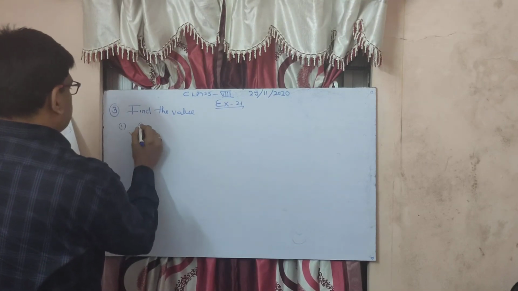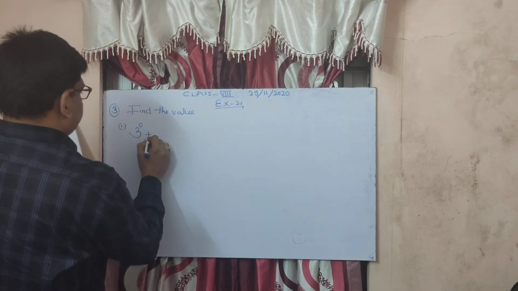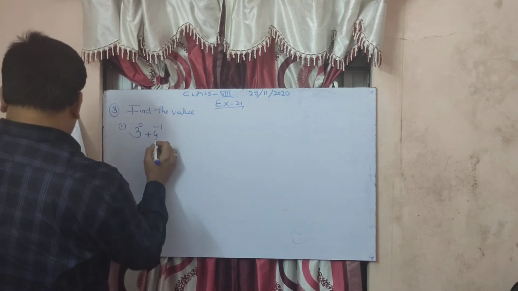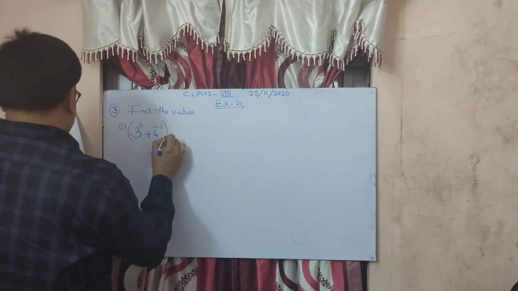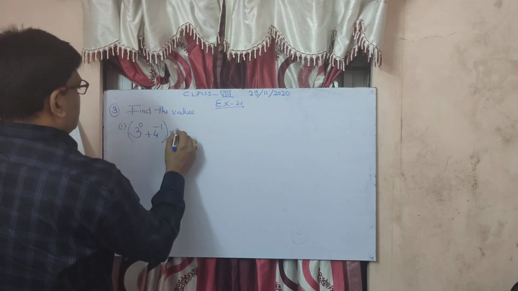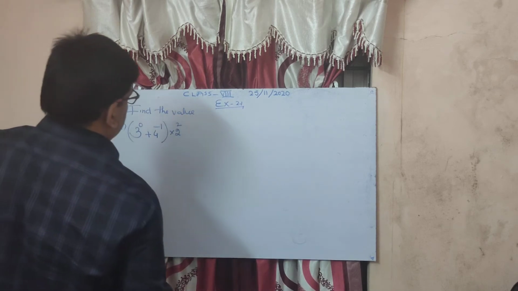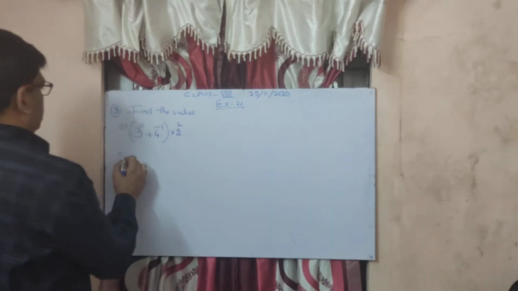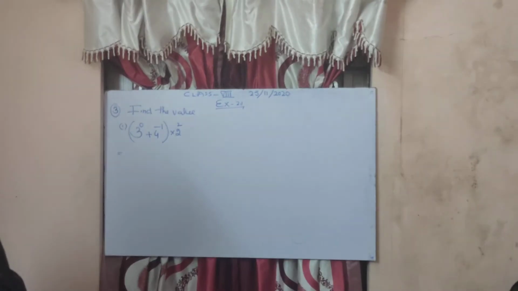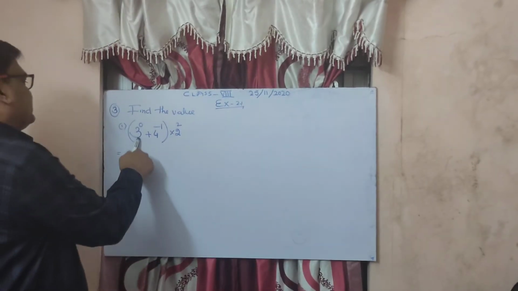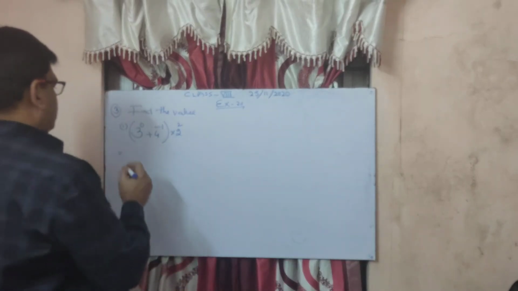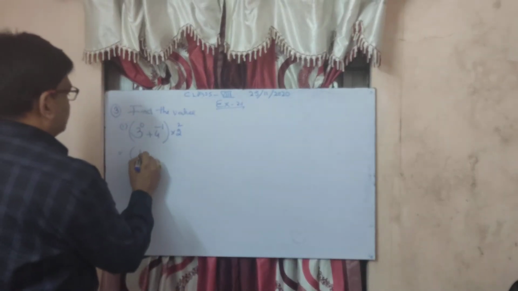3 to the power 0 plus 4 to the power minus 1 into bracket 2 to the power 2. So now, you know the laws now. Anything raised to 0 is how much? Anything raised to 0 is 1.